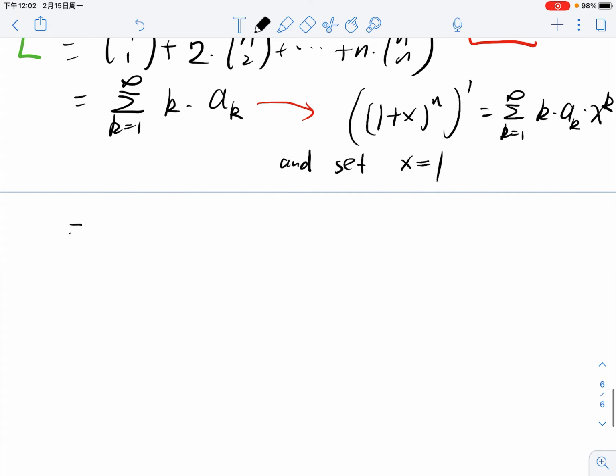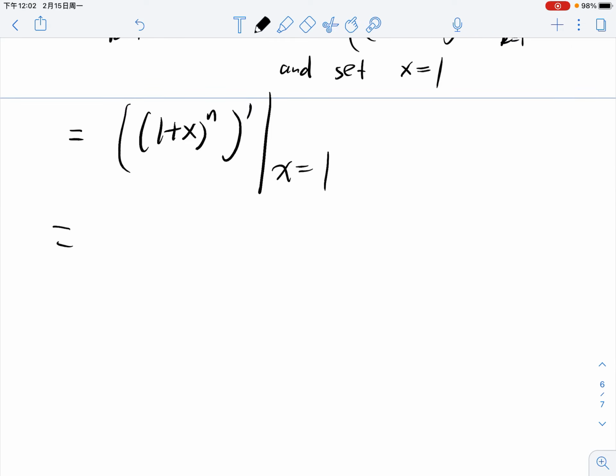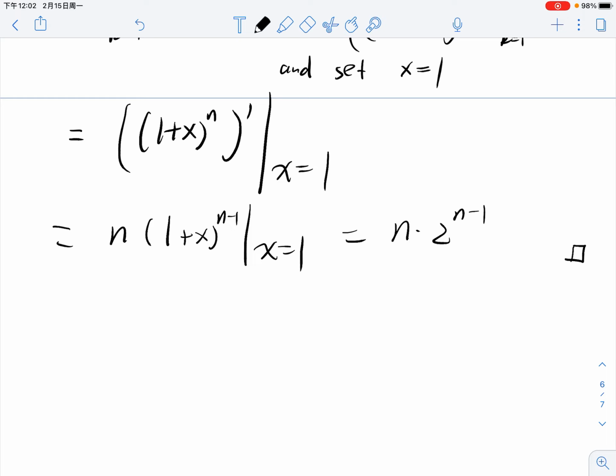In other words, we can write L as (1 plus x) to the nth power, take the derivative, and evaluate at the point x equals 1. Then if you really do the computation, that gives you n times (1 plus x) to the n minus 1, evaluated at x equals 1, and when you plug in, you have n times 2 to the n minus 1's power.